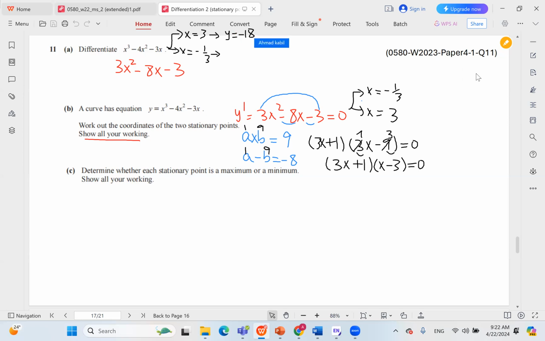And then for the second one, you would have to repeat the process, but with -1/3. So we have open bracket, insert fraction, -1 divided by 3, close bracket, and then raised to the power of 3. And then minus open bracket 4 times insert fraction. You have -1/3 again, and this is raised to the power of 2.